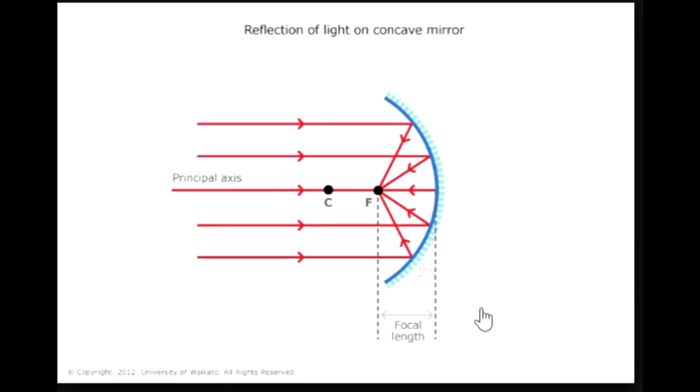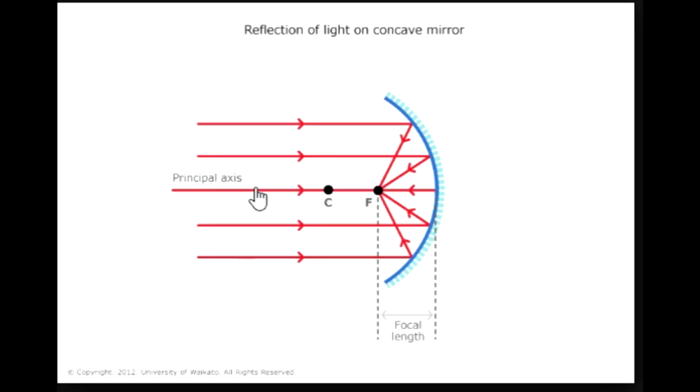There are two things that we got to know about the light rays. First of all, if a light ray is along the optical axis or parallel to the optical axis, it's always going to bounce off the mirror and go to the focal point. Secondly, if a ray of light is coming at an angle which is kind of through the focal point, it's going to be reflected parallel to the optical axis.